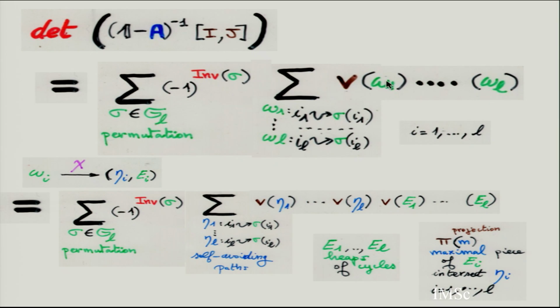You see, for each path omega I have a bijection with a pair eta I, e I. And I put all this product of weights. So I have the product of the blue paths, the product of all the heaps, with the condition that now in each heap e I, the maximal piece must intersect eta I. It's individual. There is a product. Each heap corresponds to a blue path.